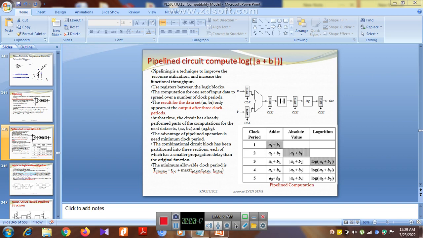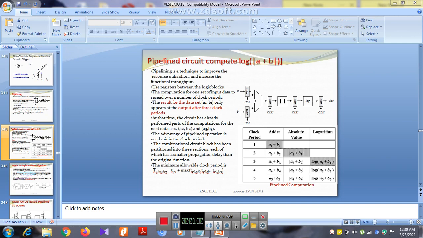The result for the data set A1, B1 only appears at the output after 3 clock periods. At that time the circuit has already performed parts of the computation for the next data sets, A2, B2 and A3, B3.